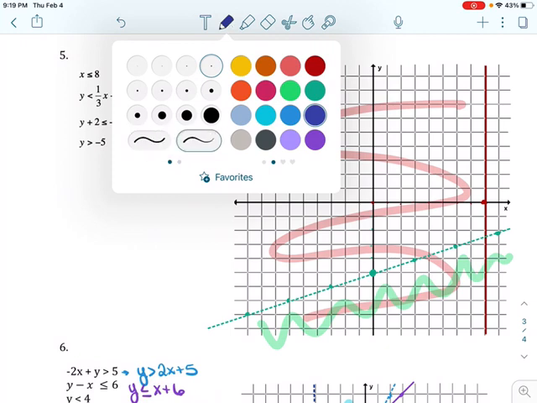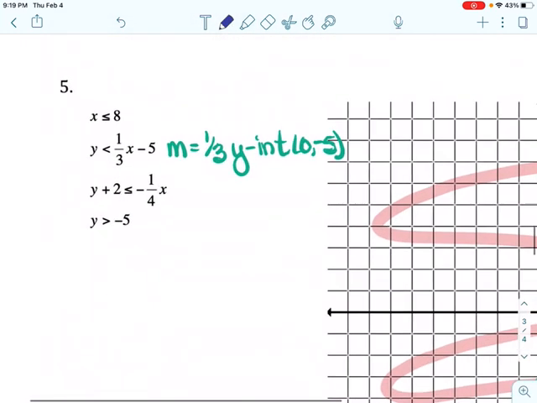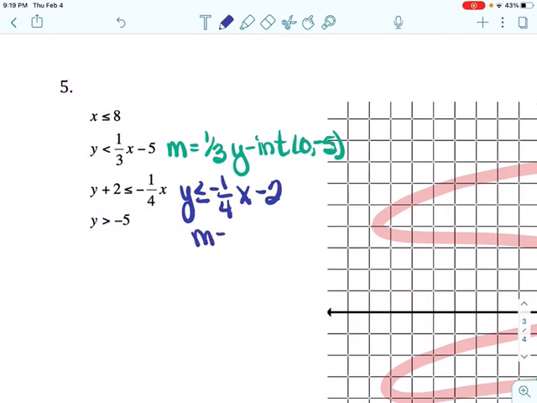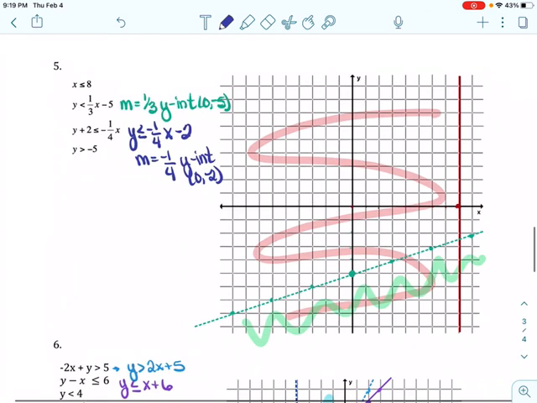Okay, let me make it back solid. All right, so here I'm going to have to subtract the 2. So y is less than or equal to -1/4 x minus 2. So m is -1/4. The y-intercept is 0, -2. Okay, so -2. And I'm going to go down 1, right 4.